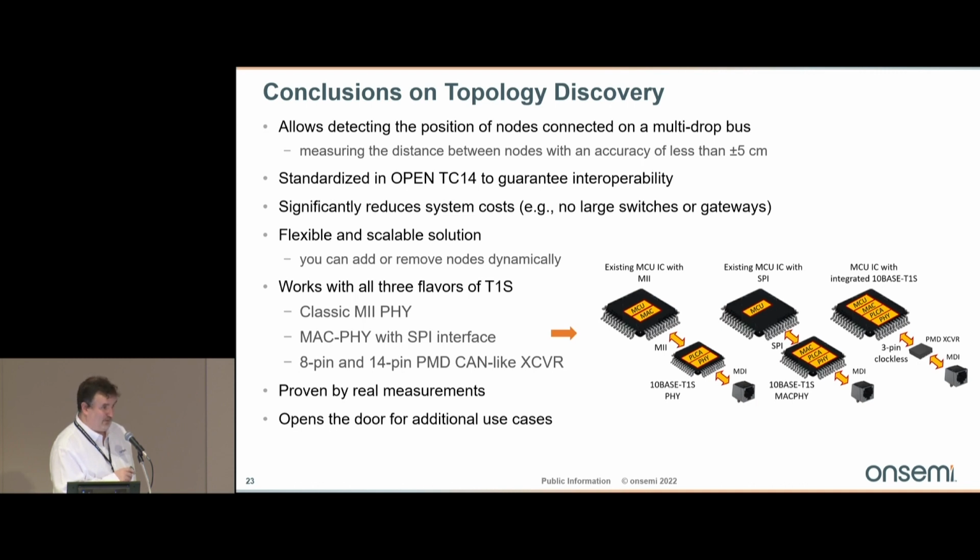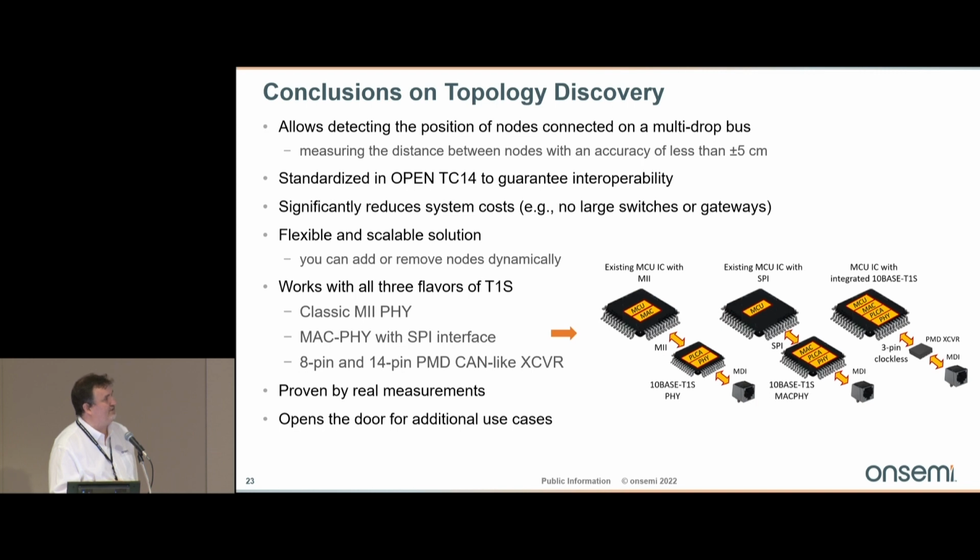One important thing to note is that, as you may know, 10BASE-T1S is defined to be available in 3 different flavors, at least in the Open Alliance: the classical MII PHY, the MAC PHY with an SPI interface, and a CAN-like solution called the PMD transceiver, which is a 3-pin interface device.